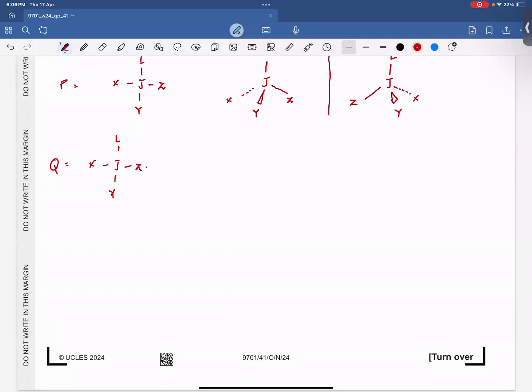In fact, if it has a square planar geometry, obviously इसका मैं mirror image, so it's going to be L.